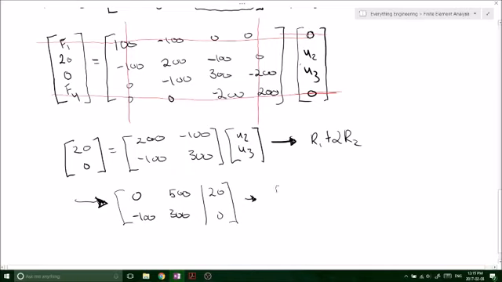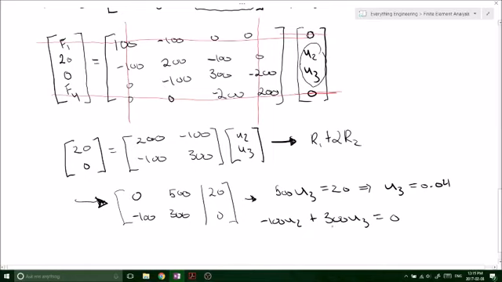So this says U3 is equal to 0.04. Now remember, I'm using U3 and U2 here because we've canceled out the first and the last rows and columns of our larger matrix, so now we're just looking at U2 and U3.